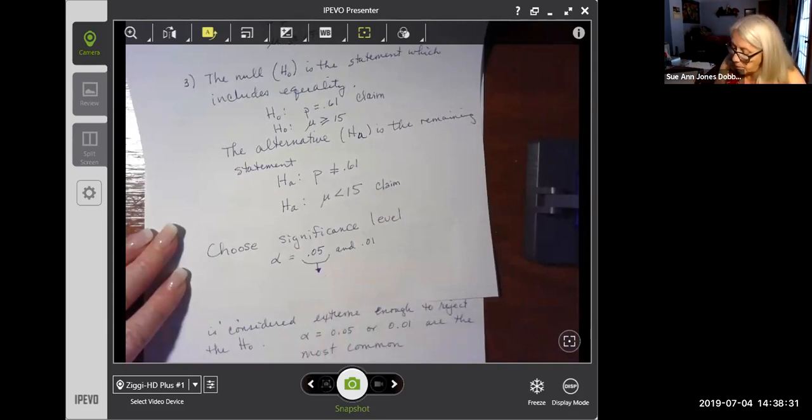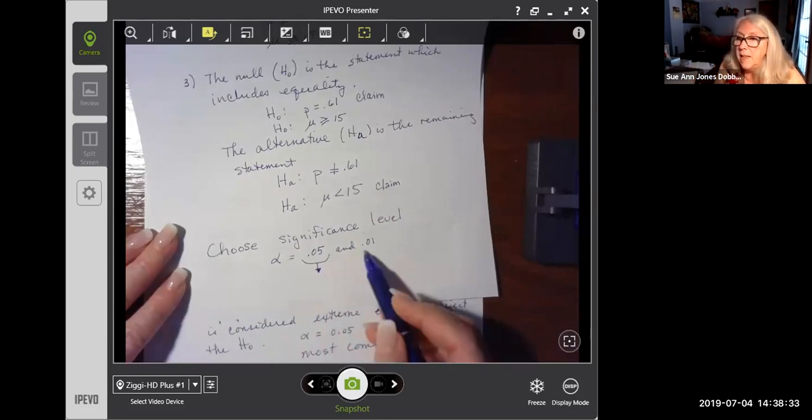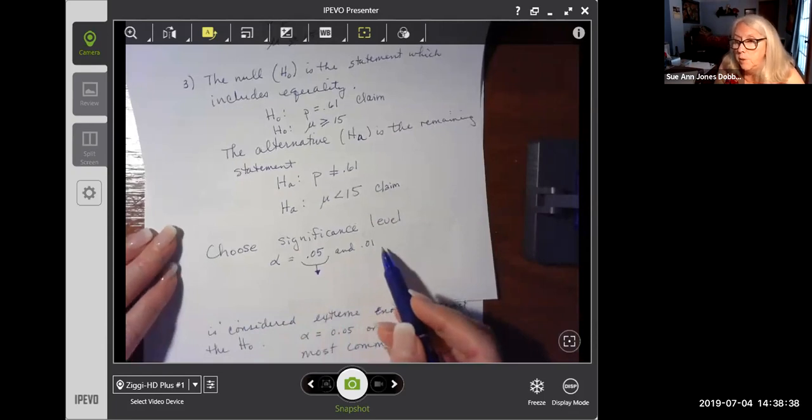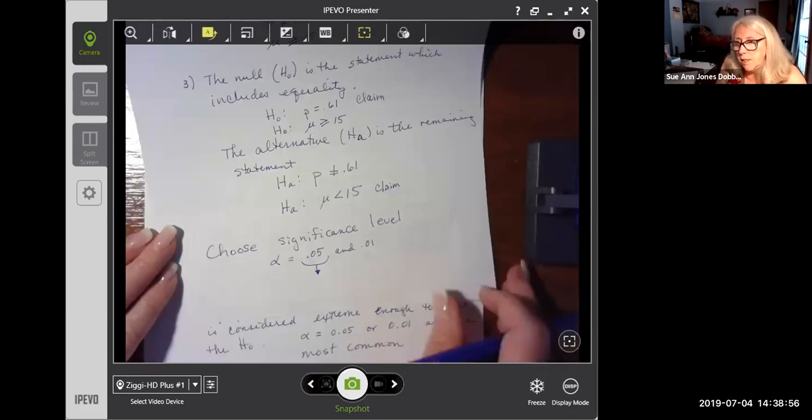When it's set to 0.01, we're saying that unusual territory doesn't begin until you get to 1%. This is the kind of alpha level that we would use if we're taking data to court, okay? So it sets an even more stringent requirement on the idea of a rare event or a very unusual event. Okay, so we choose the significance level.